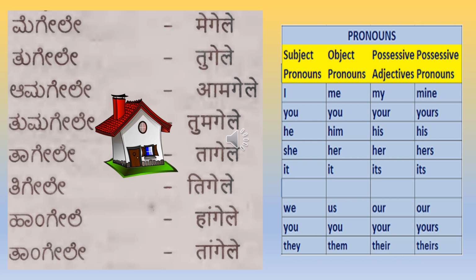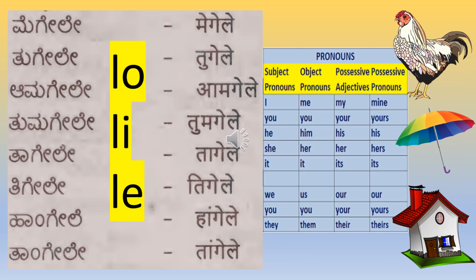If it is a masculine gender, we will change the form. For example, I used ghara, neutral gender, megele ghara. For masculine gender, using combo, megelo, lo in the end, megelo combo, tugelo combo, amgelo combo, tumgelo combo, tagelo combo, tigelo combo.